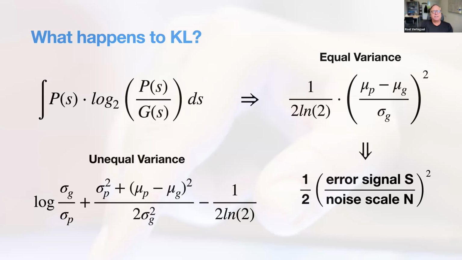Now, what happens to the KL divergence when you do this? Well, again, KL is a very complicated thing, but when you think about it, it's really just a subtraction of the logs of the two normal distributions. So if we make that assumption of equal variance, this just becomes the difference between the means divided by the standard deviation of the goal squared.